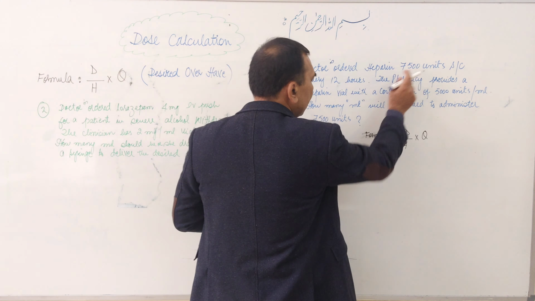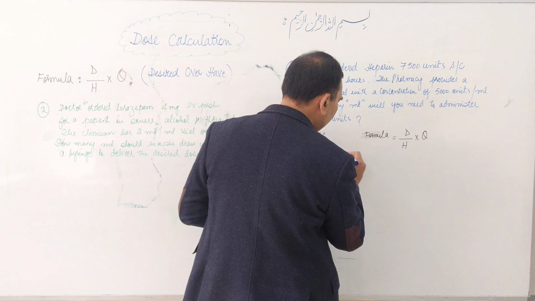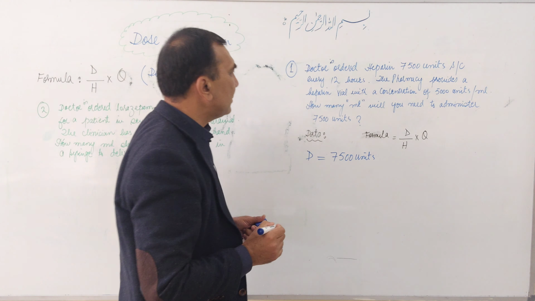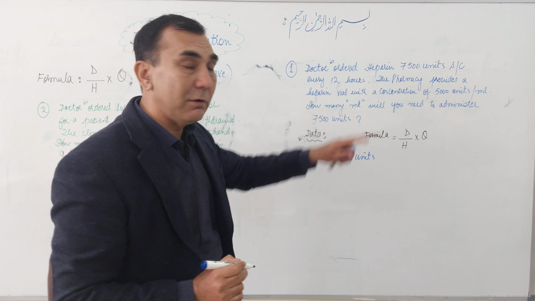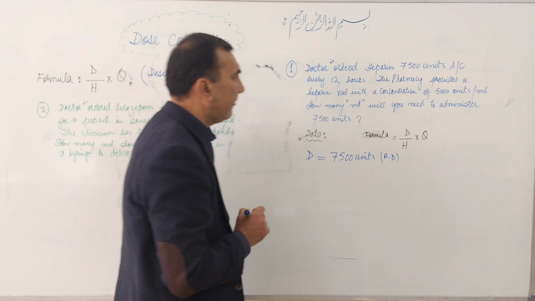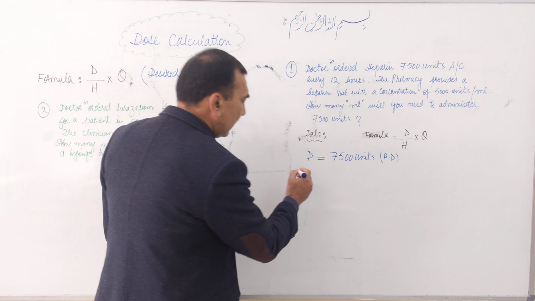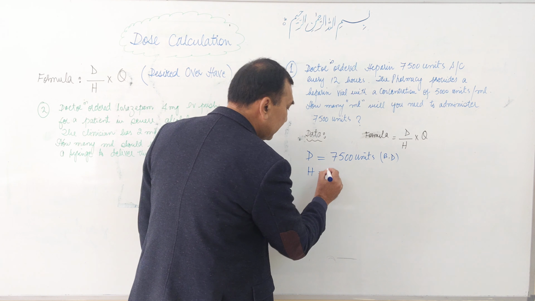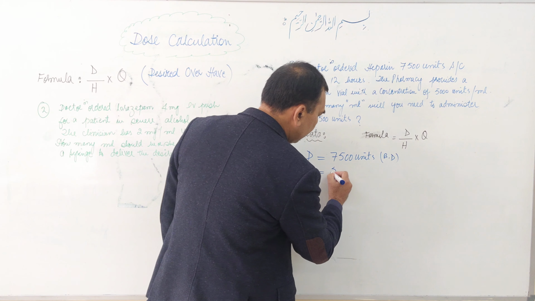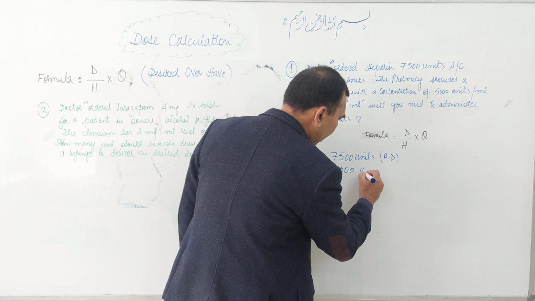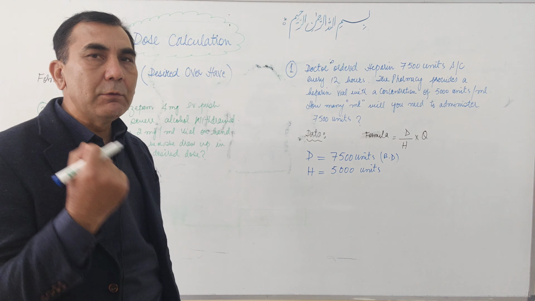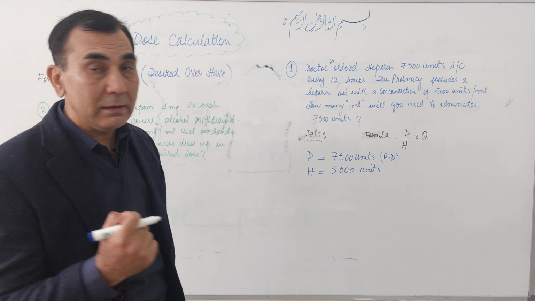The doctor ordered 7,500 units subcutaneously every 12 hours, meaning a BD dose. H is the drug available on hand: 5,000 units of heparin, available in how much ml?